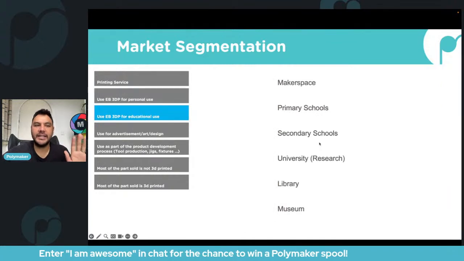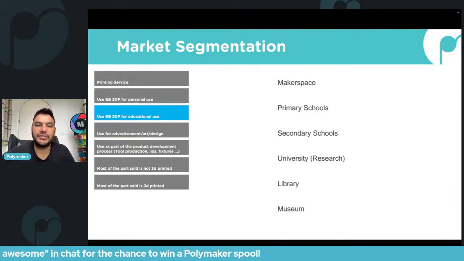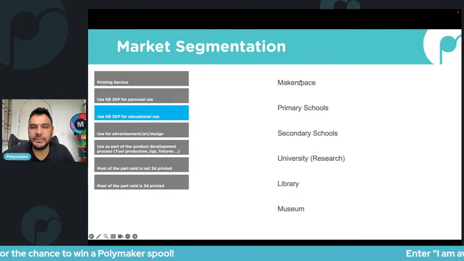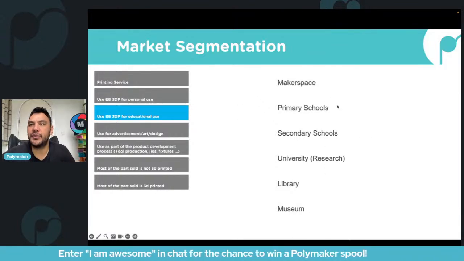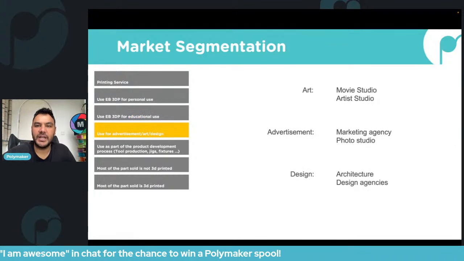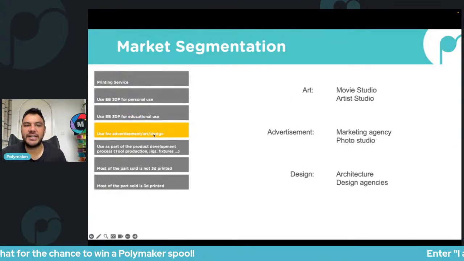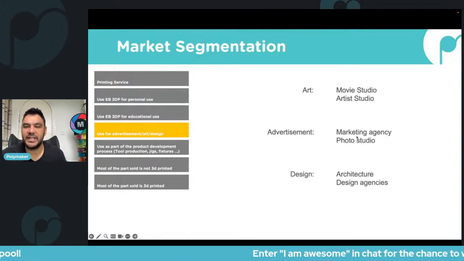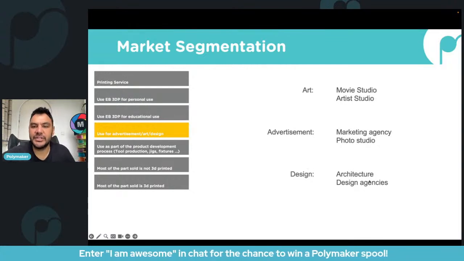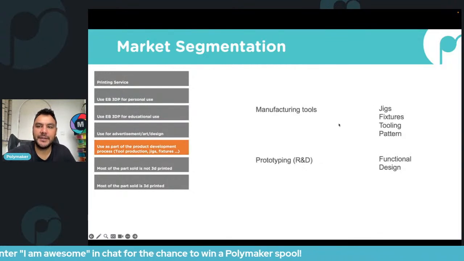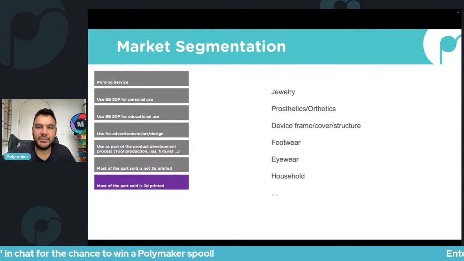Anyway, the rest is pretty straightforward. Educational use: makerspace, primary school, secondary school, university, library, museum. Any 3D printer in those spaces is usually used for education. Art: advertisement, art and design, movie studio, artist studio, marketing agency, photo studios, architecture, design agency, and so on.